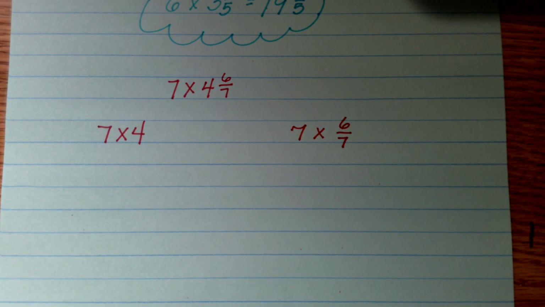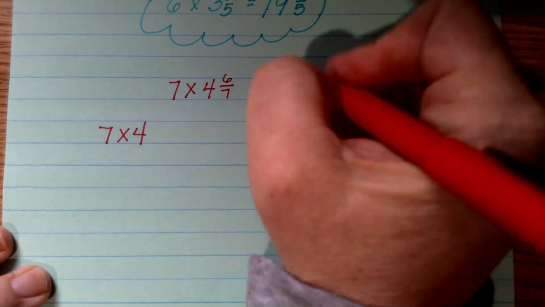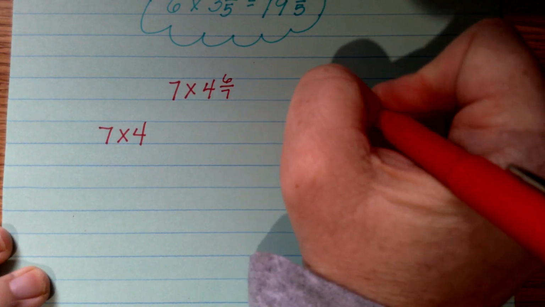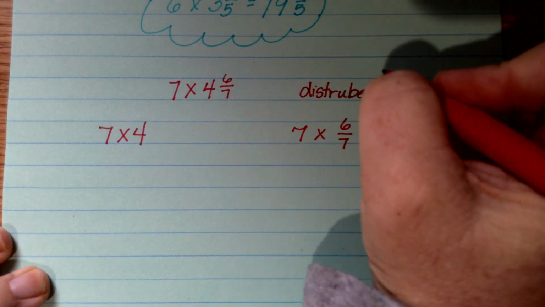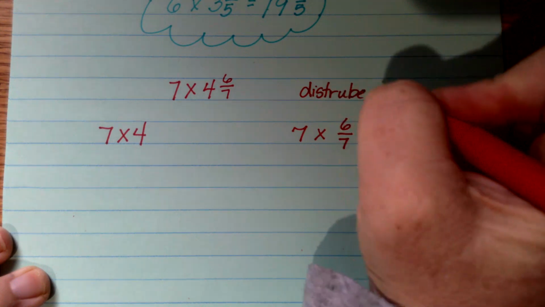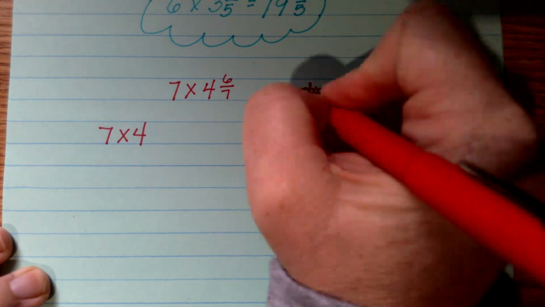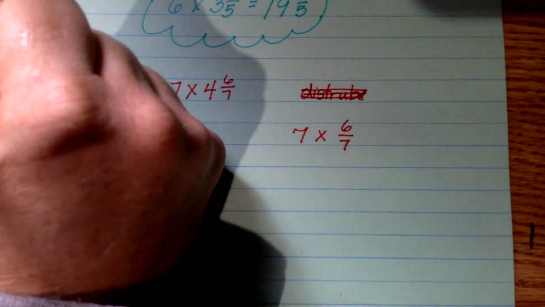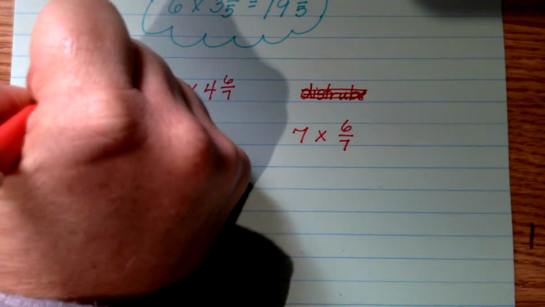The reason I'm showing it to you this way is so that you can see that this 7 is distributed to every term. I completely spelled that wrong. Let me try that again. I can't write and talk at the same time. Distributive.